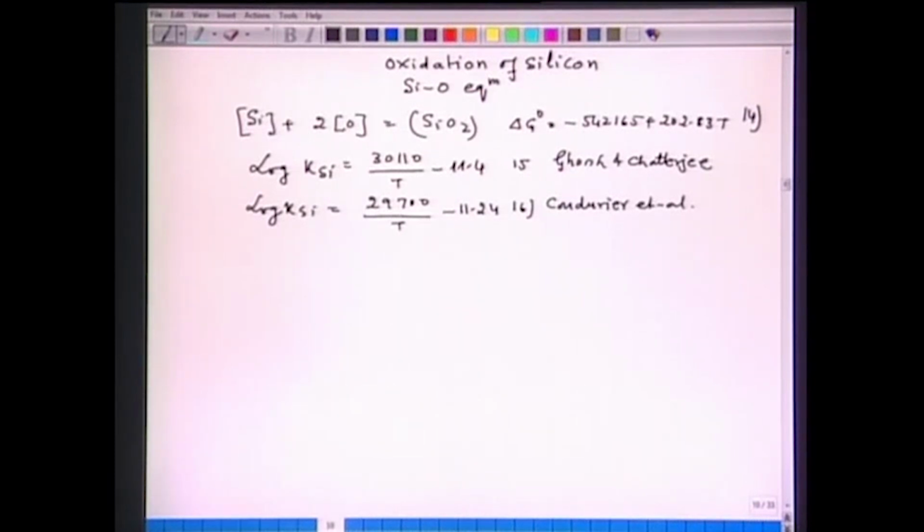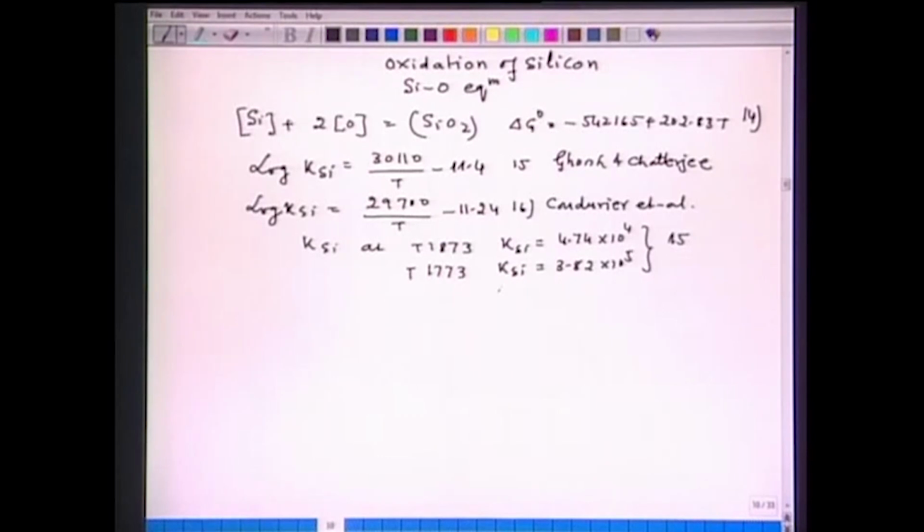So, now if I calculate K silicon, for example, at temperature 1873, then K silicon comes around 4.74 into 10 to the power 4, and at 1773, I get K silicon equal to 3.82 into 10 to the power 5, and this is from equation 15.